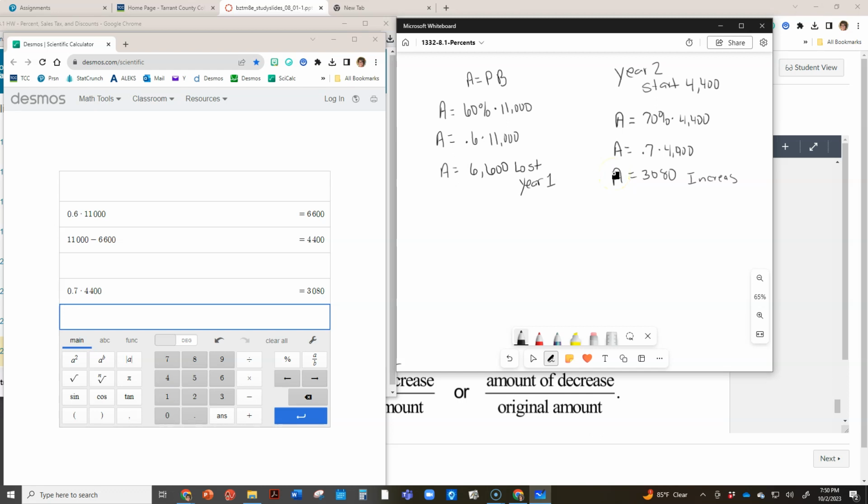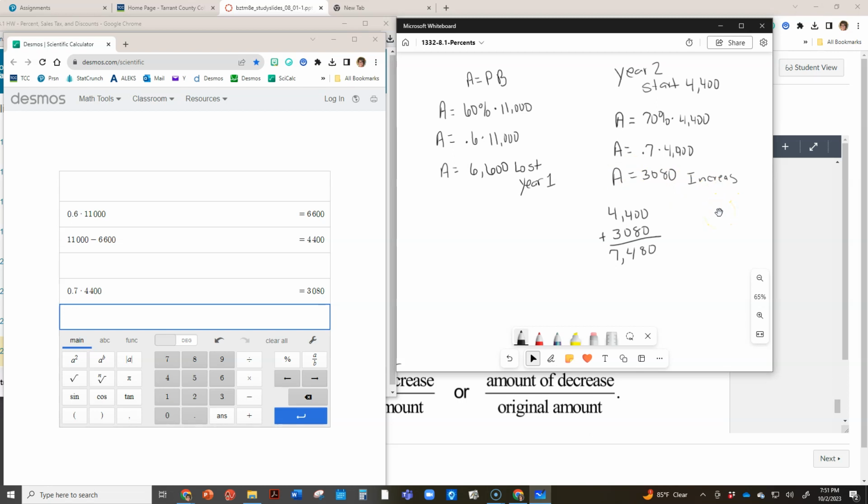So that means at the end of year two, I started out with 4,400 and then I increased it by $3,080. So my total amount of money at the end of the year is 7,480.